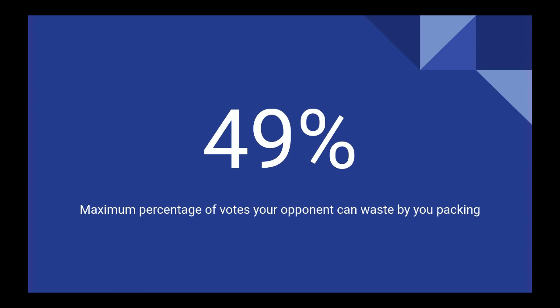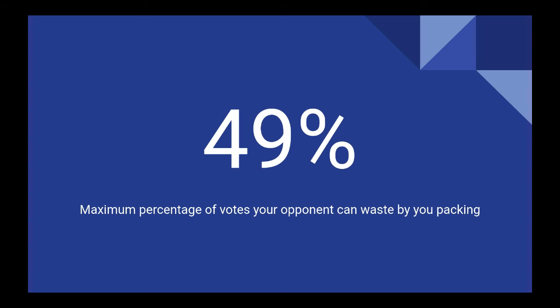This might sound complicated, but it is not. For example, let's take District A. Now we have elections in District A. If your opponent manages to get over 51%, he will win this District A single vote in representation.